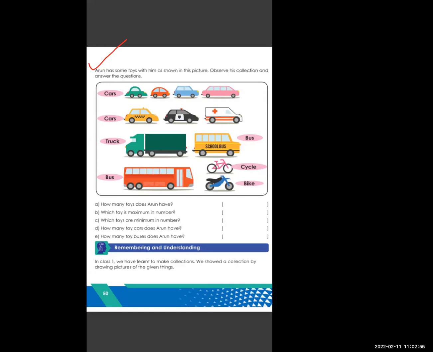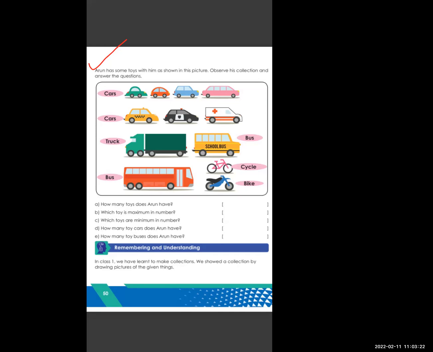Okay, very good. What is it? Arun has some toys, Arun has some toys with him as shown in this picture. Okay, observe his collection and answer the question. We have to observe that collection. Everyone should observe that collection. Everyone observe which toys Arun has. You have to observe it.